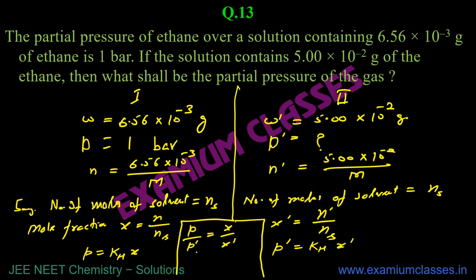Now substitute the values. 1 divided by P dash equals X, which is N divided by Ns. I will just write the reciprocal of that, Ns divided by N dash. Ns will get cancelled and you will get P dash equals N dash by N. Something is wrong here.